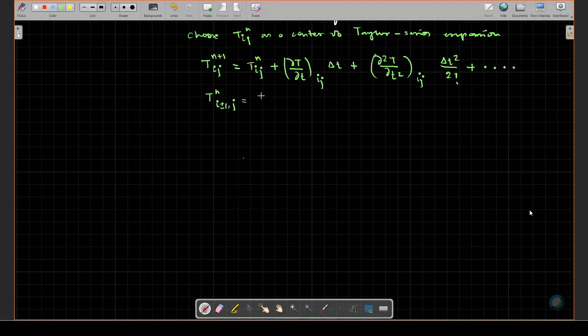So in that case T_ij^n will become plus, so plus and minus, del T by del x at ij, at the nth level, times delta x.